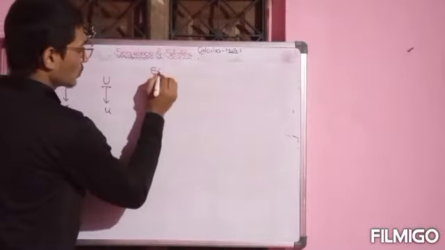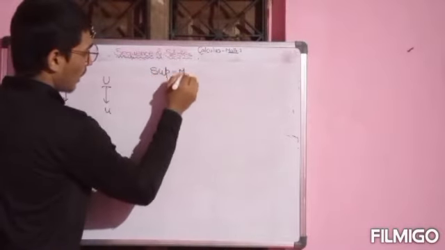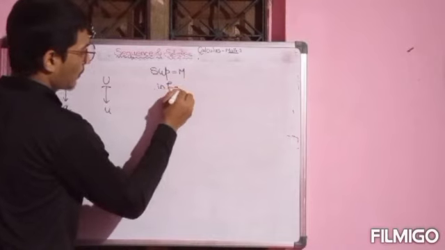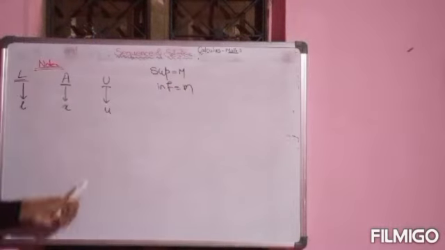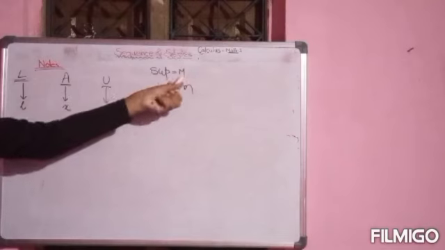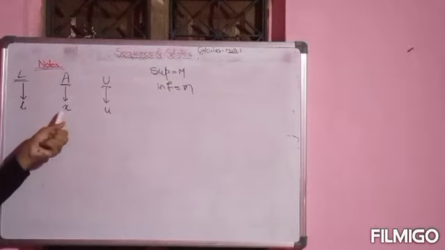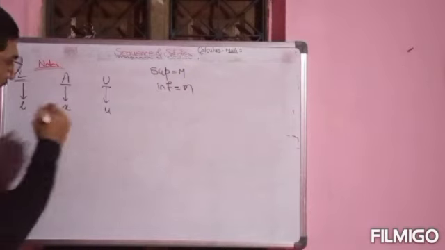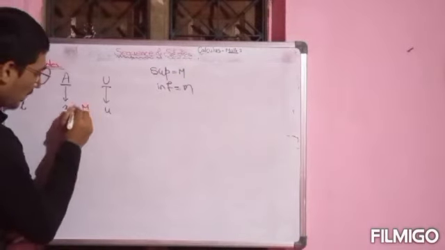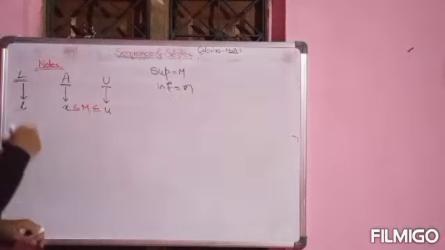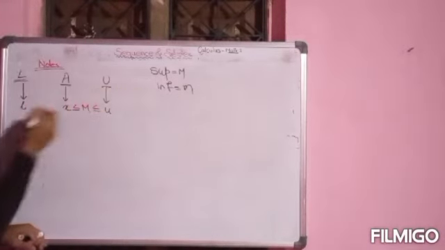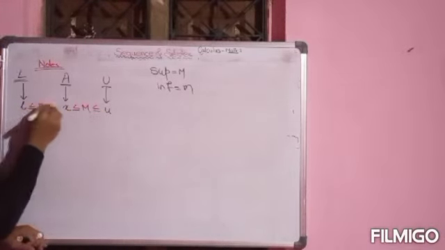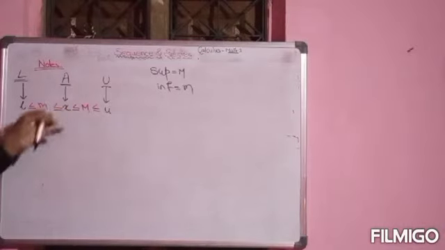I am denoting supremum as M and infimum as m. I think till now you must have understood, M should be greater than or equal to x, and it should be less than or equal to u. Means my M lies here. Similarly, my infimum should be greater than or equal to l and less than or equal to x.